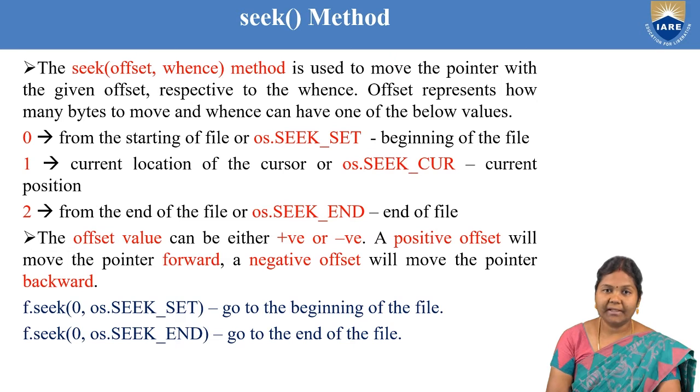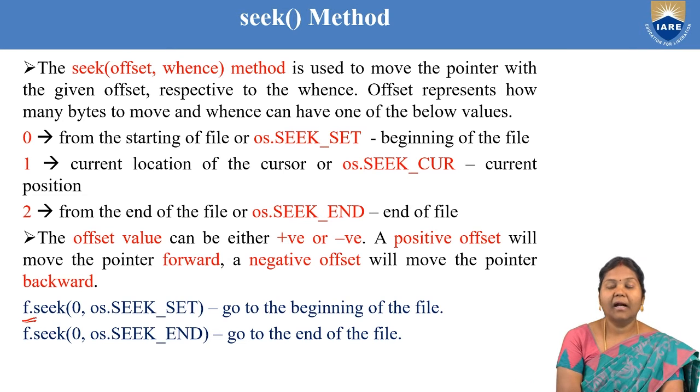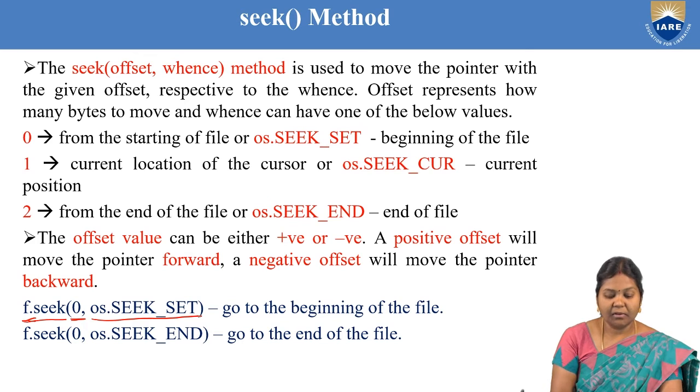Now, let us see one example. For example, I have opened a file and the file object or the file handle is f. Now, I am writing f.seek(0, os.SEEK_SET). What is the meaning of this?